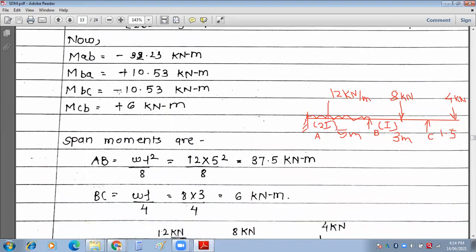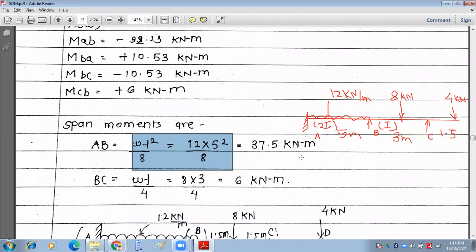As we know these are the fixed moments, we have to overlap the central span moment in that region. For the span AB, it carries a UDL, therefore the center span moment is WL square by 8, meaning 12 into 5 square by 8. Calculating this, you will get 37.5 kilonewton meter.